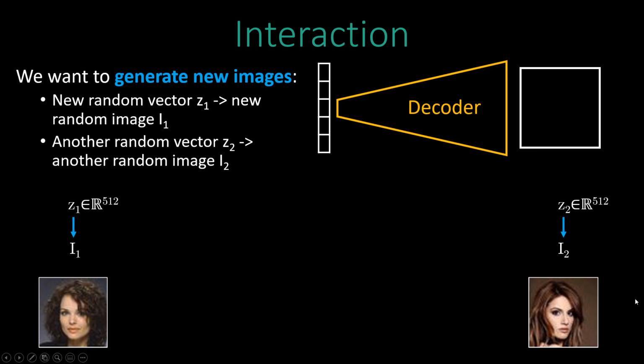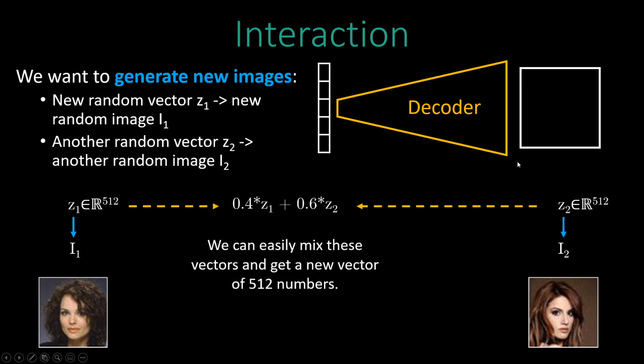And here is the moment where this starts to be more interesting, because these two vectors of 512 numbers are something that we can mix. We can, for example, explore what would be 40% of this vector plus 60% of this vector, so that they add up to 1.